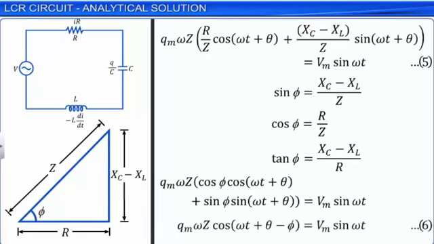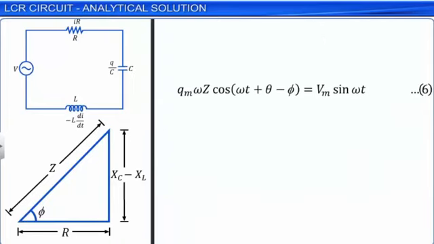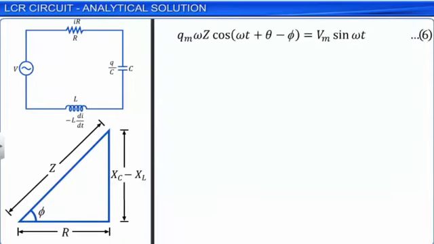Here, we have used the trigonometric identity cos A cos B plus sin A sin B equal to cos(A minus B). Comparing the values on both sides of equation 6, we get Vm equal to Qm omega Z, which is equal to Im Z. Therefore, the maximum voltage in the LCR circuit, Vm, is equal to the maximum current in the circuit, Im, into the impedance of the circuit Z.